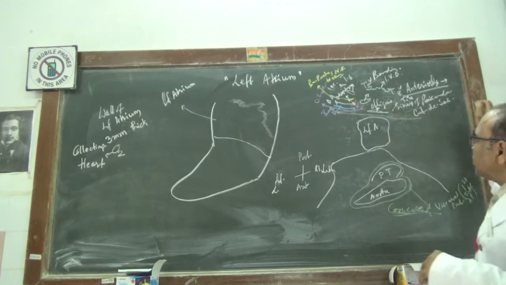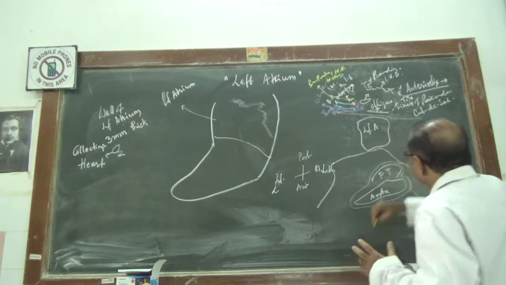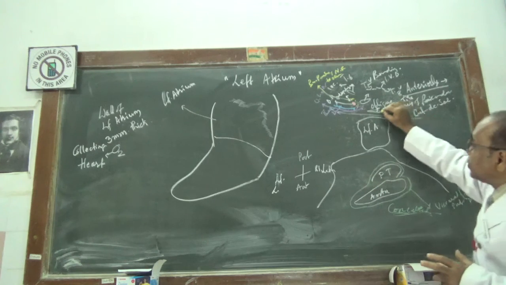you will have the oblique sinus or cul-de-sac of the visceral part of the serous pericardium in particular and the pericardium itself in general. This is the oblique sinus.